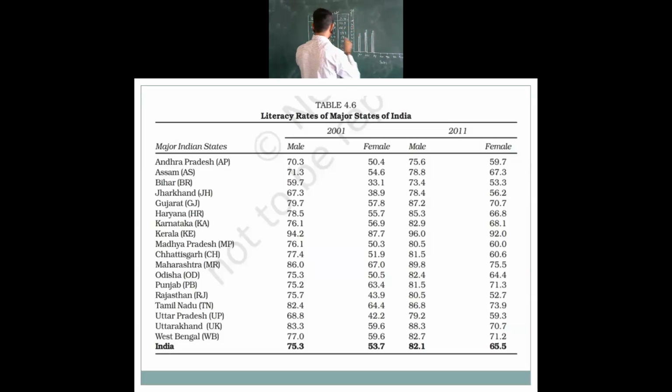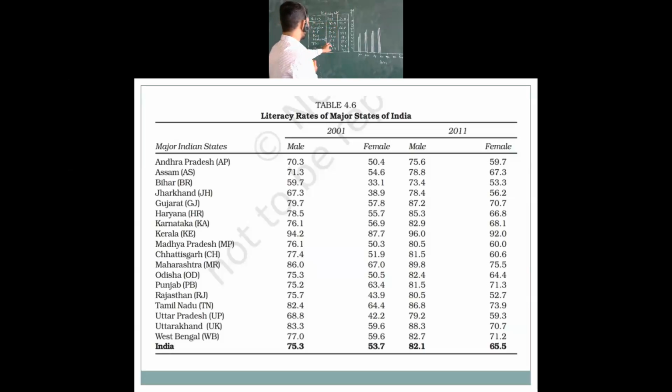Then next, Karnataka 56, 57 means somewhere it will be coming here. Then again it has gone to 68. 68 means somewhere here. In this way the information is given.